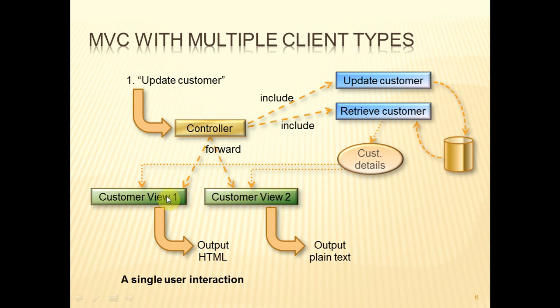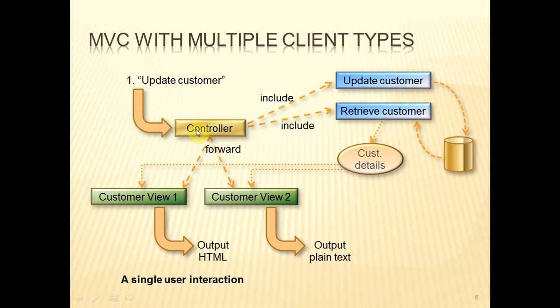And basically that means rewriting that view as a different kind of view, presenting exactly the same data, but perhaps differently based upon the requirements of the client. So now, all of a sudden, our application is taking account of the client type.